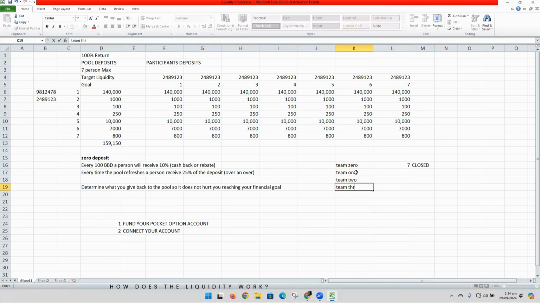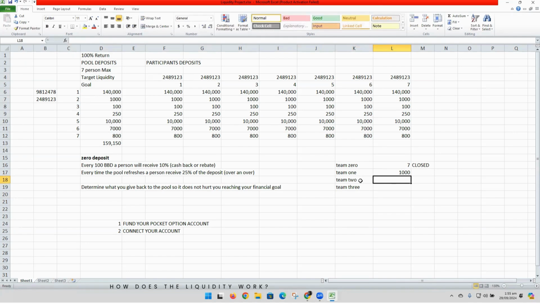Since team zero is the only group that can choose their deposit, because they're the first ones out, we decided to make things very simple for the other three teams. For team one, the minimum deposit will be $1,000.